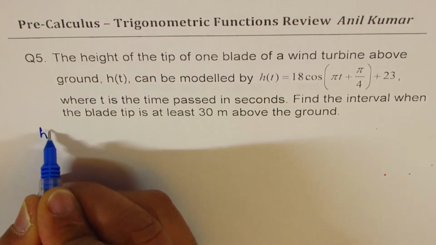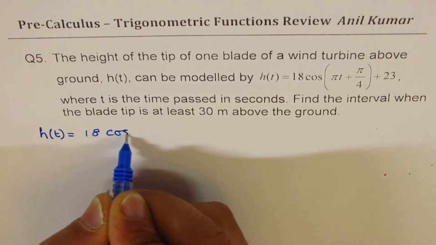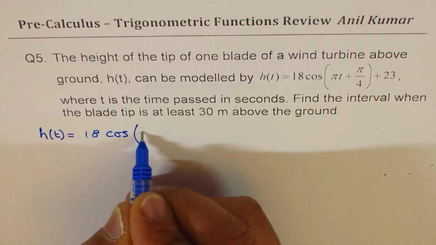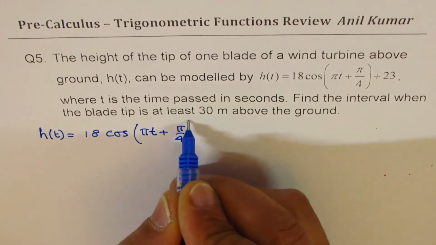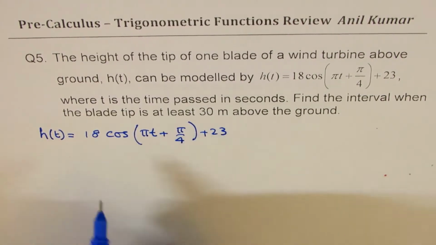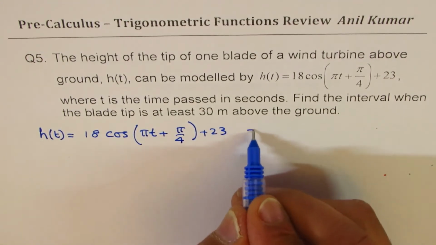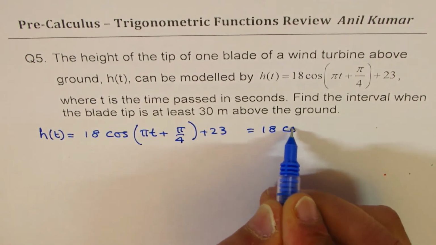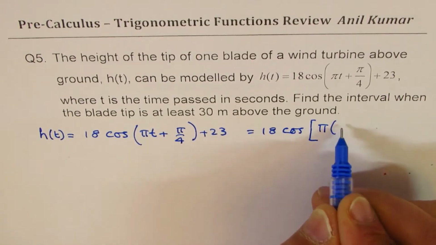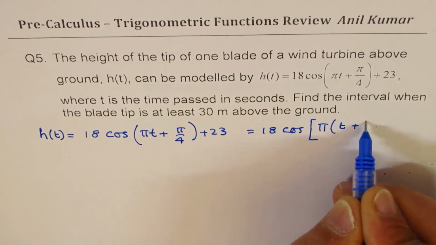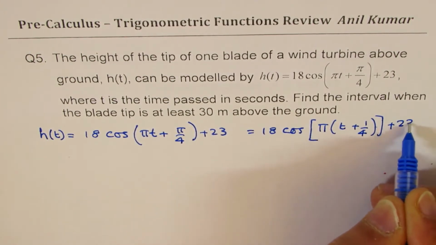So let's solve. We have h of t equals 18 cos(pi t plus pi by 4) plus 23. Now let's find the time period for this. You could also write this as 18 cos(pi, you can factor out, so you get t plus 1 by 4) plus 23.